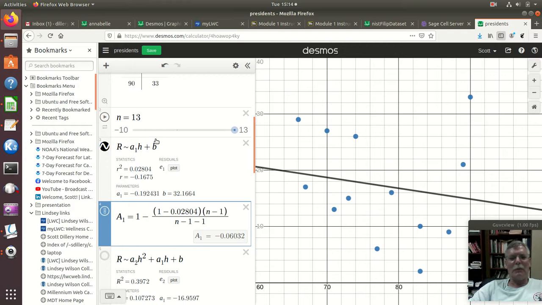So n is 13, so I'm taking 12 divided by 11, and this number, the 0.028 or about 3%, is so small that it actually causes my adjusted r squared to be minus 0.06.